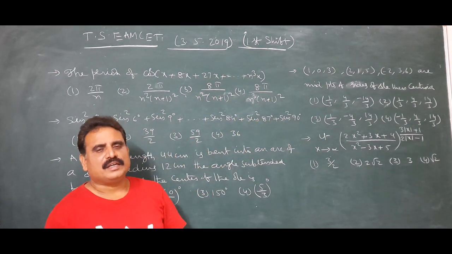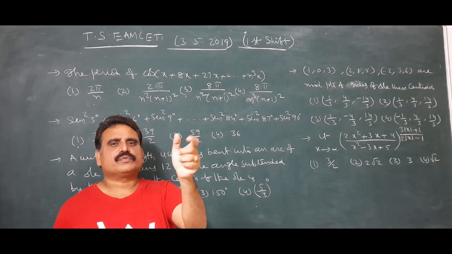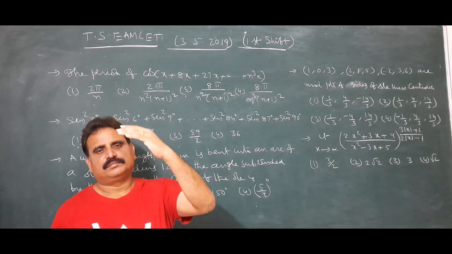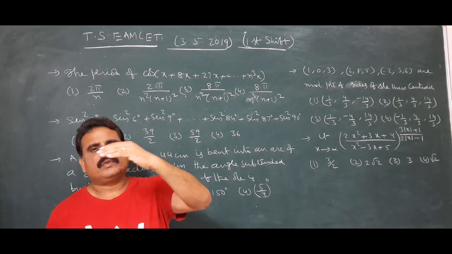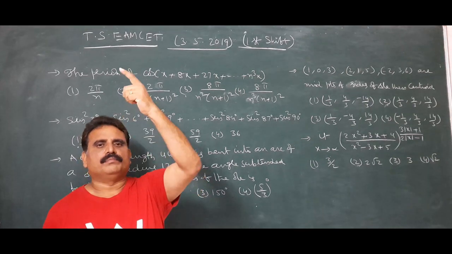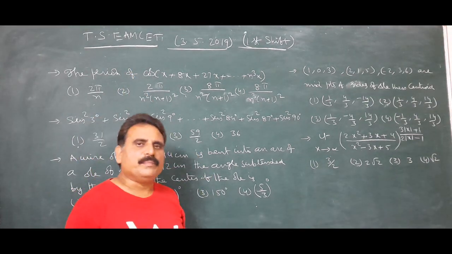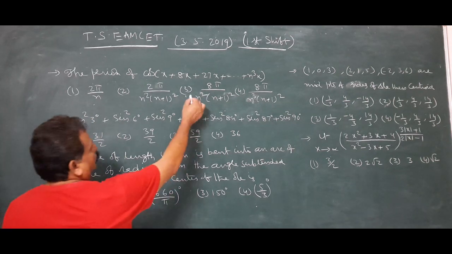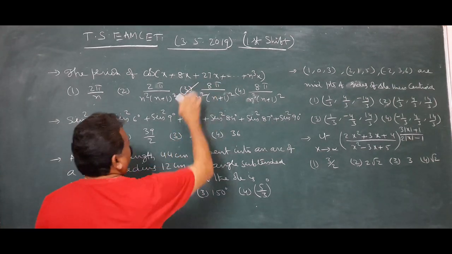Sigma n cube is n square into n plus 1 whole square by 4. 2 pi by that. That means 2 pi by n square into n plus 1 whole square by 4. 4 up, that becomes 8 pi by n square into n plus 1 whole square. This is the right answer.